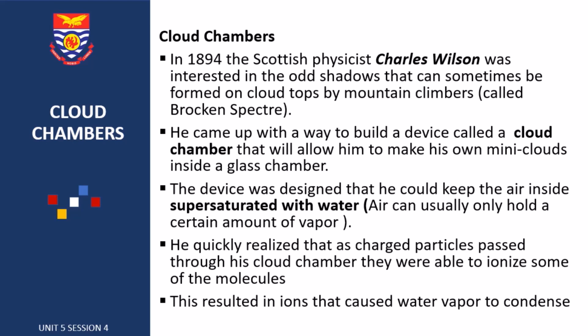So he quickly realized that as charged particles pass through his cloud chamber, they were able to ionize some other molecules, and this resulted in ions that caused water vapor to condense. Over the next few years, Wilson was able to see the path through which the charged particles had passed just by looking for the little vapor trails forming in the chamber.